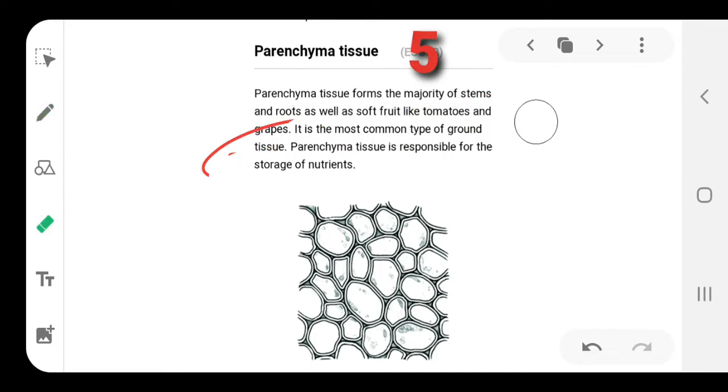It is the most common type of ground tissue, and underline the word main function: it is responsible for the storage of nutrients. And please check out the diagrams from your textbook for parenchymatous, collenchymatous and sclerenchymatous tissue for your further reference.